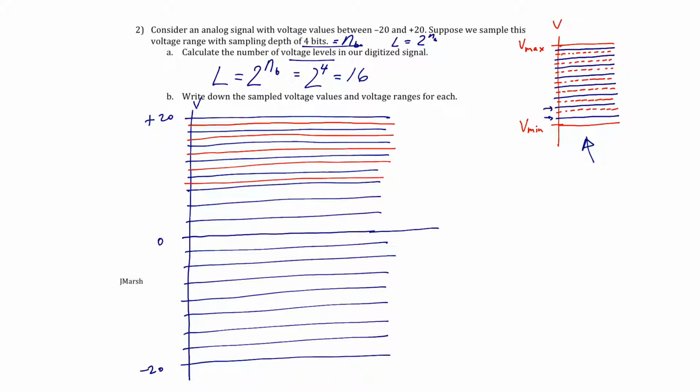If we have a signal that passes through here, and we sample that signal every so often at our sampling rate, then at each point of time that we sample it, this is the time axis, we ask which 2 blue lines the signal is between, and then round off to the red line that goes between there.